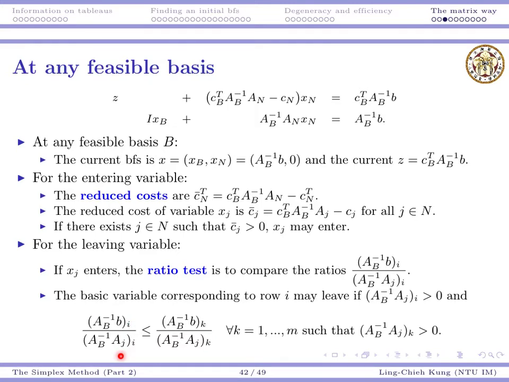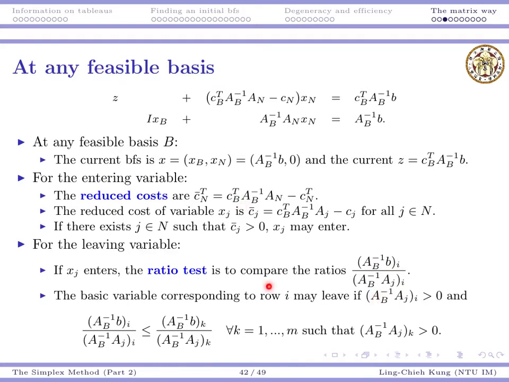That's exactly the ratio test. The key is that AB inverse B is the right hand side, and AB inverse AJ for some non-basic J is the entering column. So that's why, given any basis, we know how to do entering and leaving variables.